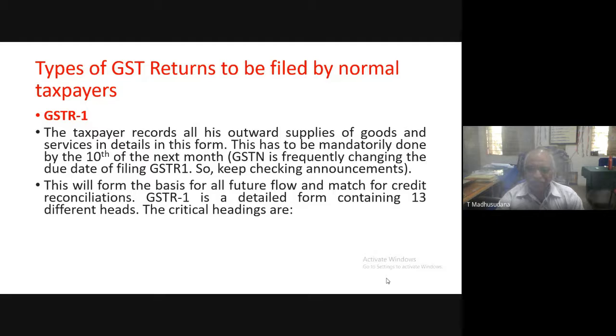GSTR1 is a detailed form containing 13 different heads, and it is the base for all future flow and match for credit reconciliation, because this is the most important return.